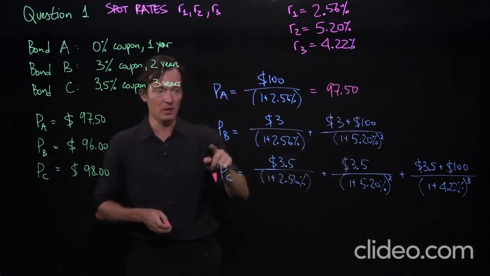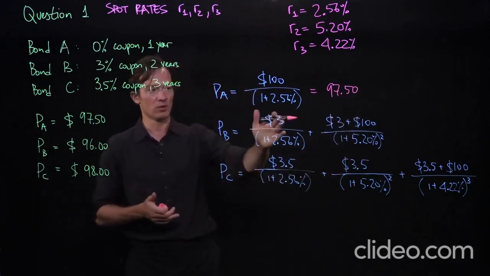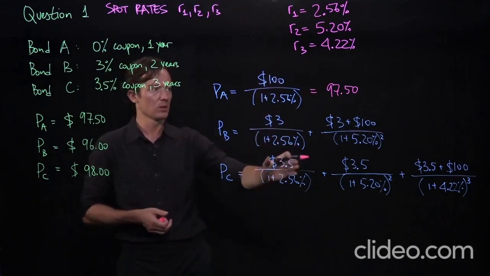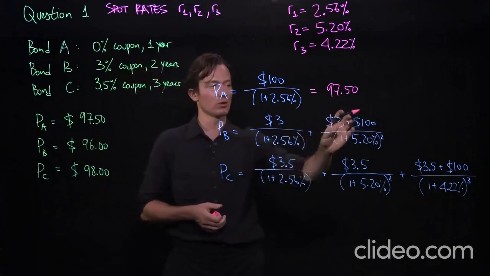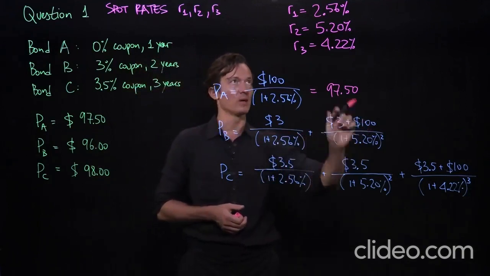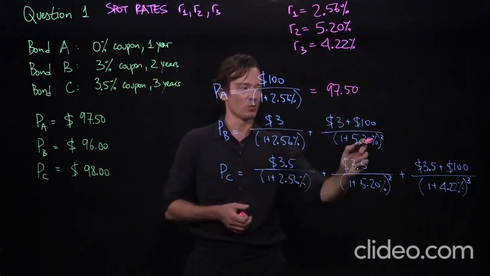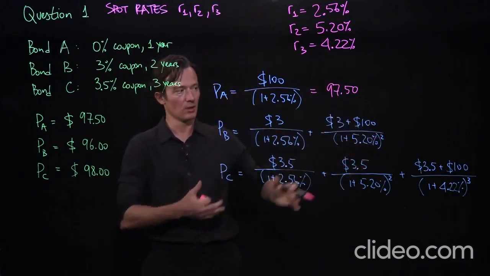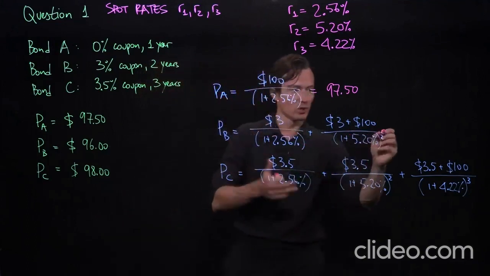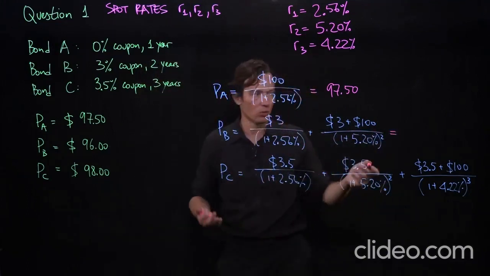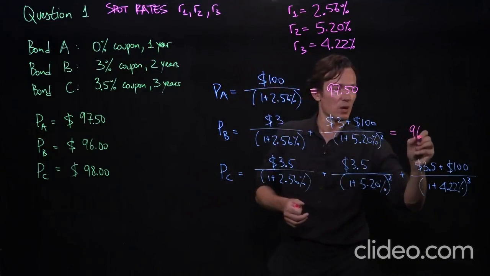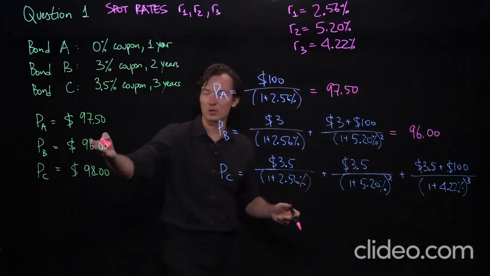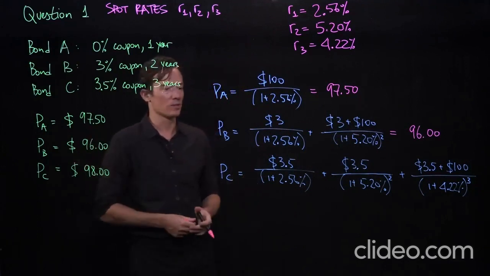The price of bond B would equal the first coupon, $3 divided by 1 plus R1, which is 2.56%, plus the last coupon plus the face value divided by 1 plus R2, which is 5.2%, raised to the power 2, because this cash flow occurs at the end of year 2. So if we compute this price with these interest rates, we will find that the price of this bond is indeed $96, the number that was given to us in this question.